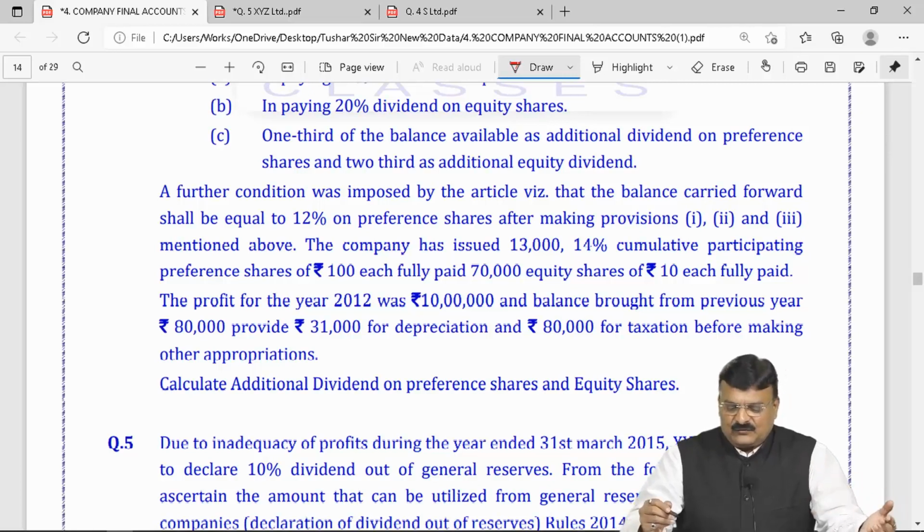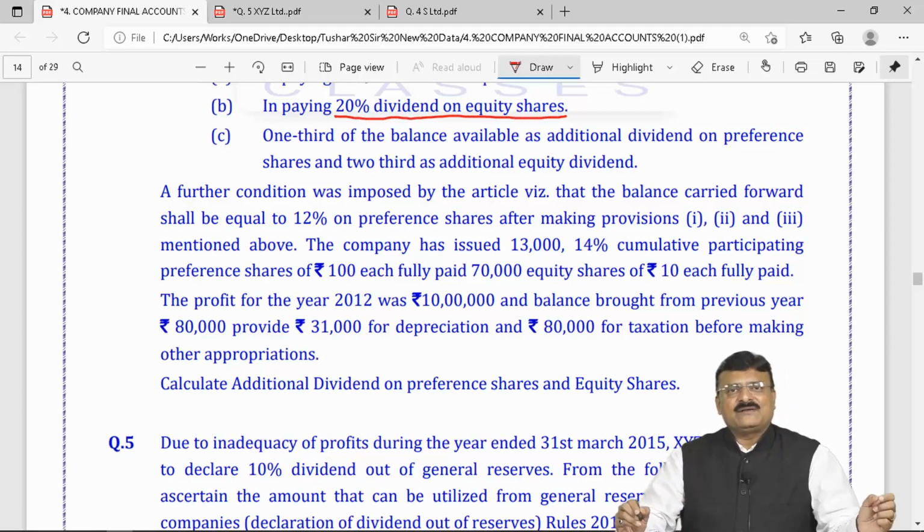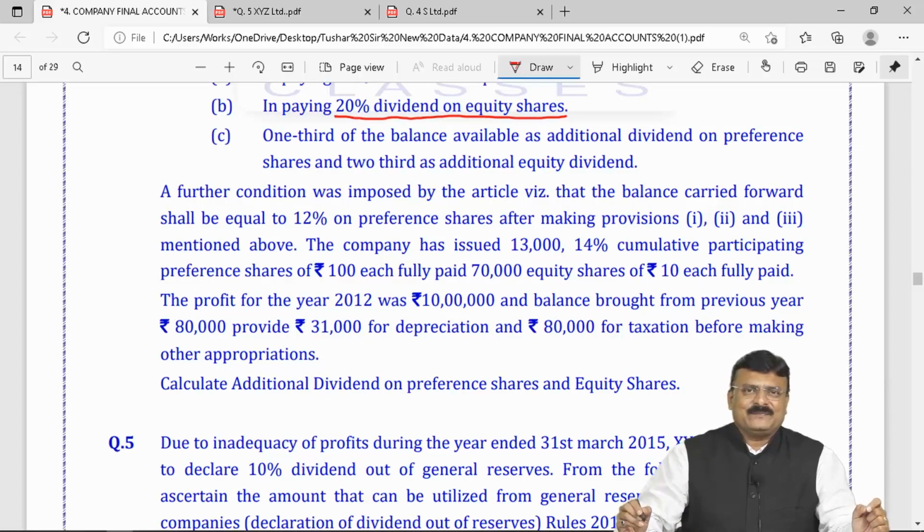After giving 20% to equity shareholders, even if there is some profit left, that profit will be shared between equity and preference shareholders. One third goes to preference shareholders and two third goes to equity shareholders as equity dividend.